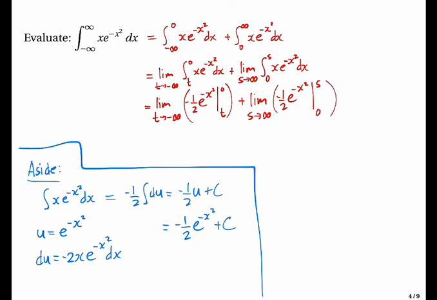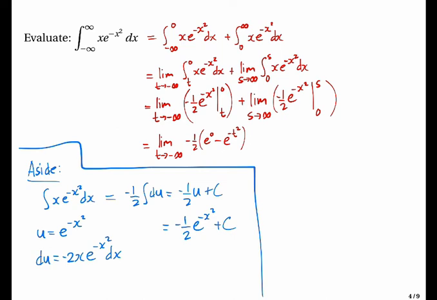Okay? And let us do the evaluation. This is now the limit as t approaches negative infinity. Let me factor that minus 1/2. And at 0, this is just e to the 0, which is 1. And then minus, at t, e to the minus t squared. Okay?